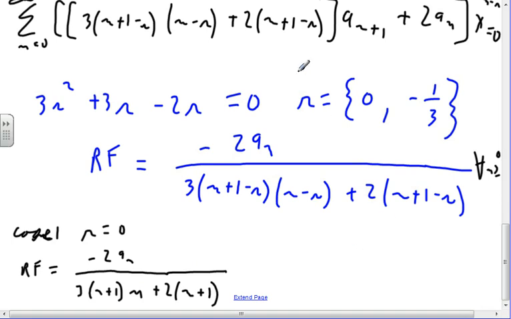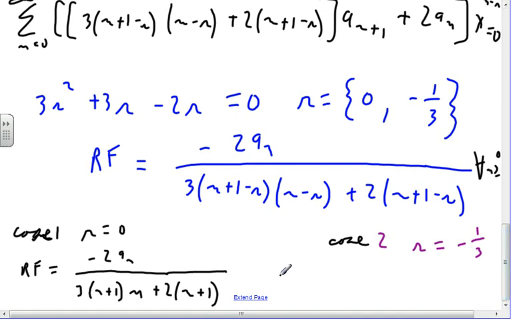Okay. Case 2. Normally I wouldn't do case 1 and case 2 right next to each other like this, but I have to see what the recurrence formula is in order to put the minus 1/3 in it.